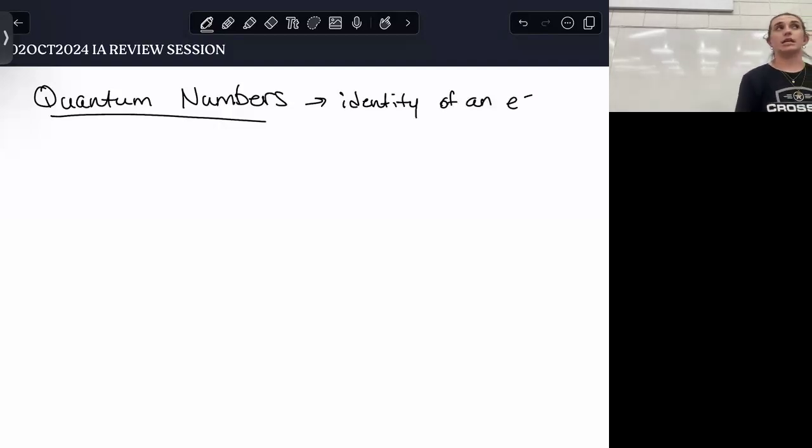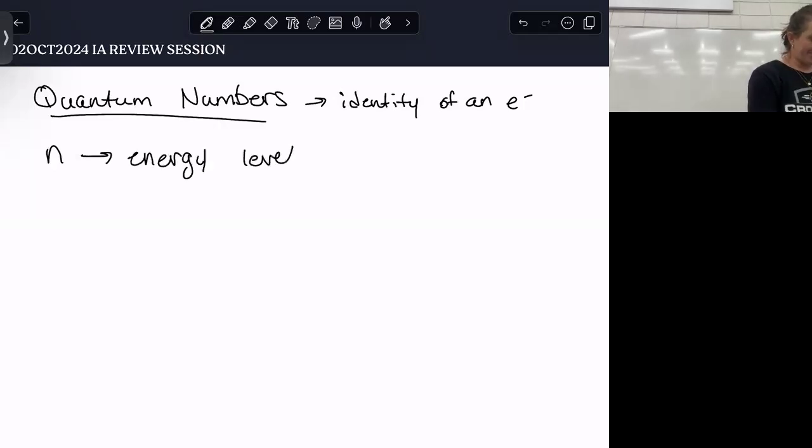How many numbers are in a quantum number? There's 4. What's our first one? What's the letter for it? N. What does N tell us? The energy level is what I'm looking for. Does the number correlate with how much energy you have?